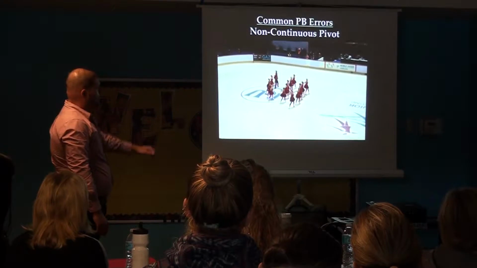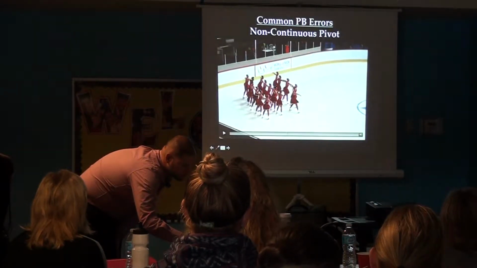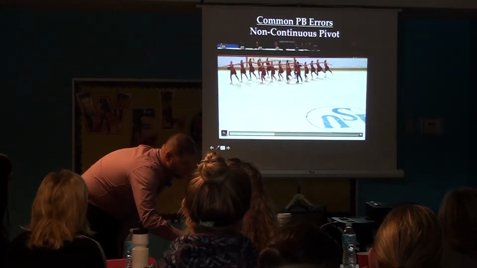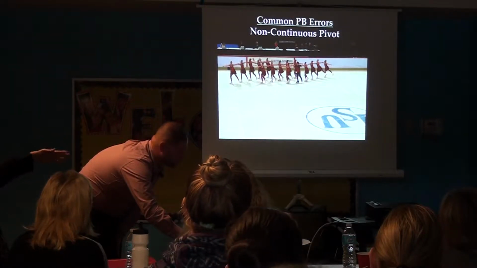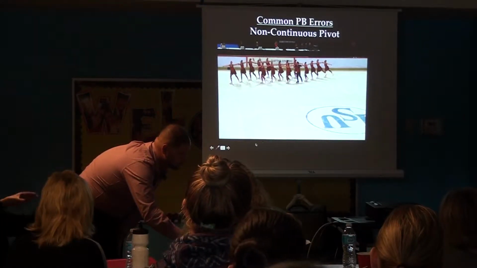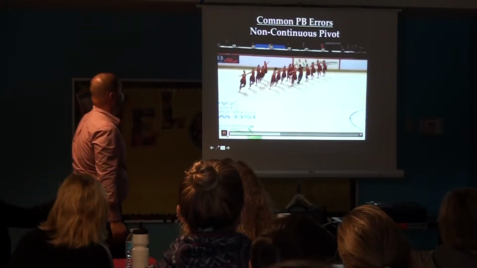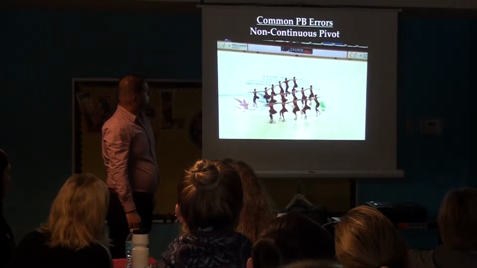And see how that one came straight forward towards the end there? Watch the two bottom lines in that one. The top one still sort of maintains their pivoting action. The two bottom lines are just moving forward. They're not actually pivoting anymore.